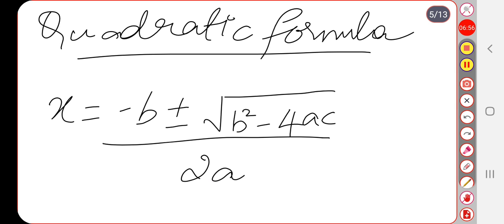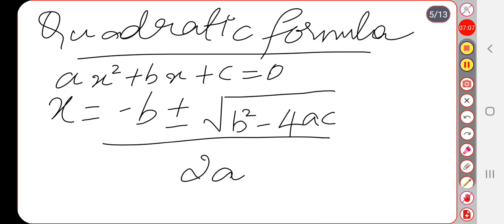Okay, so what are these a, b, c and x? We know the standard form ax square plus bx plus c equals 0. From this standard form, the coefficients are taken.